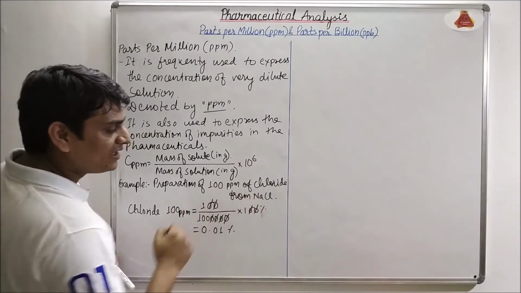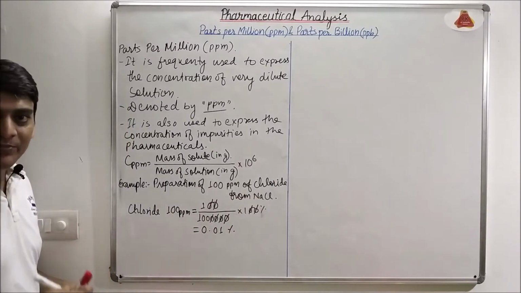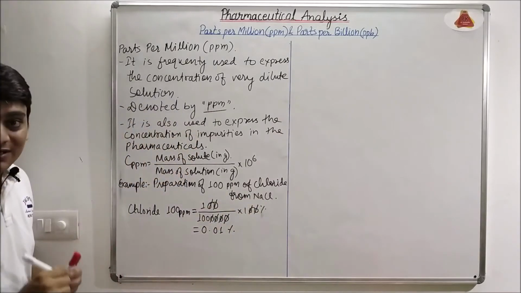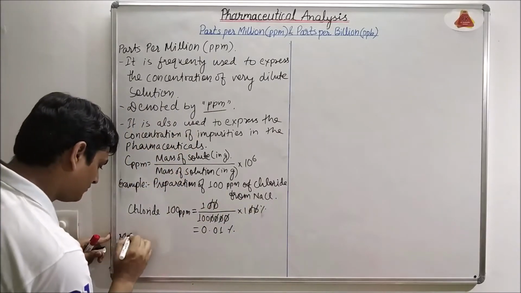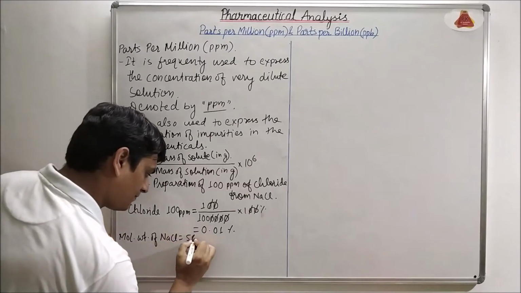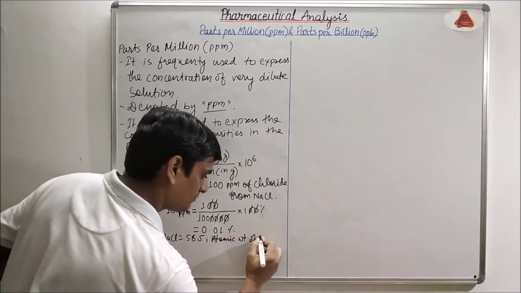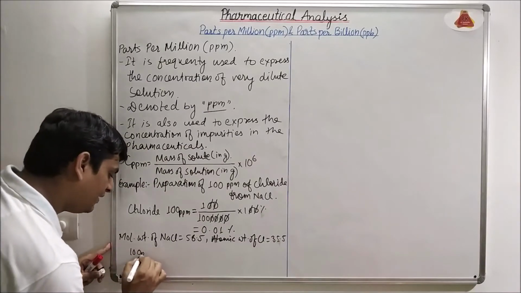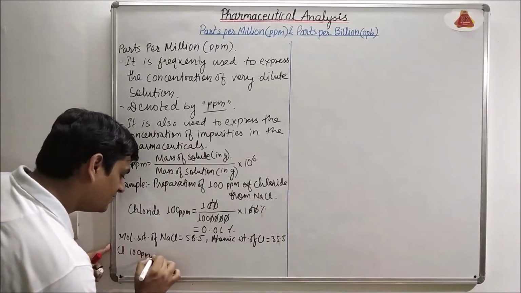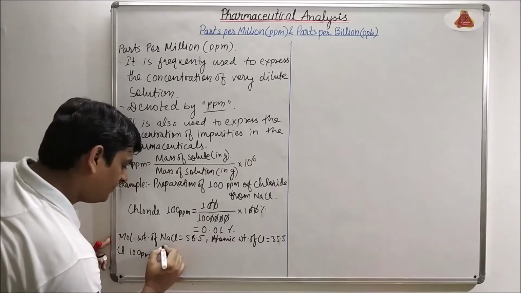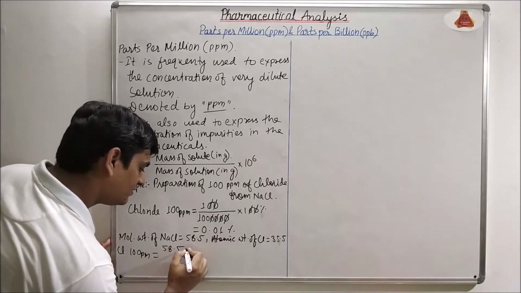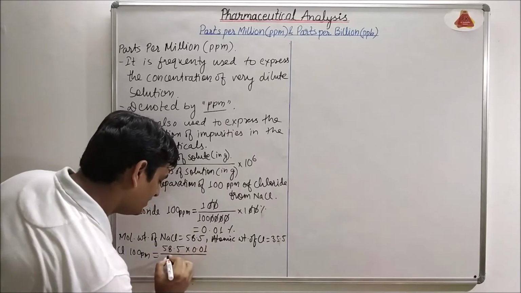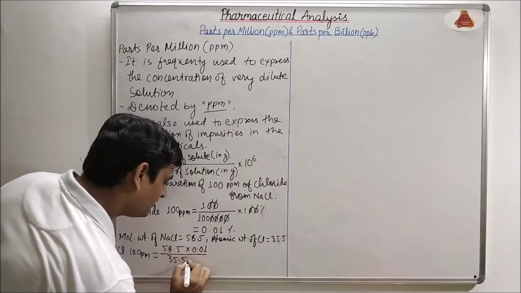Now coming to the question, it is preparation of 100 ppm of chloride from NaCl. The molecular weight of NaCl is 58.5 and the weight of chloride is 35.5. So for preparation of 100 ppm of chloride, we have to take 58.5 into 0.01 divided by 35.5.